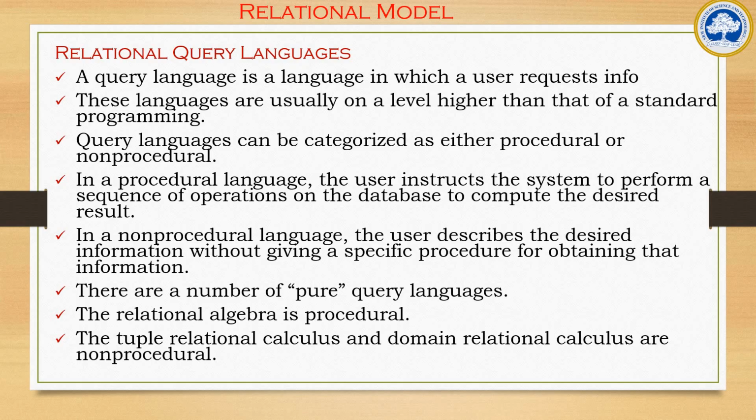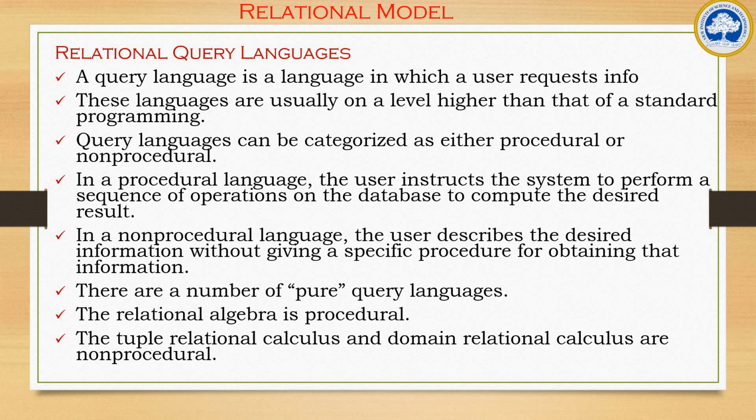Relational query languages: a query language is a language in which a user requests information. Query languages can be categorized into two types, procedural and non-procedural. In a procedural language, the user instructs the system to perform a sequence of operations on the database to compute the desired result. In a non-procedural language, the user describes the desired information without giving a specific procedure for obtaining that information.